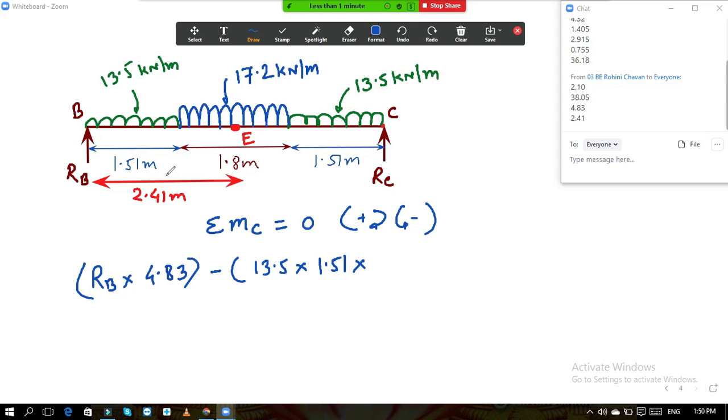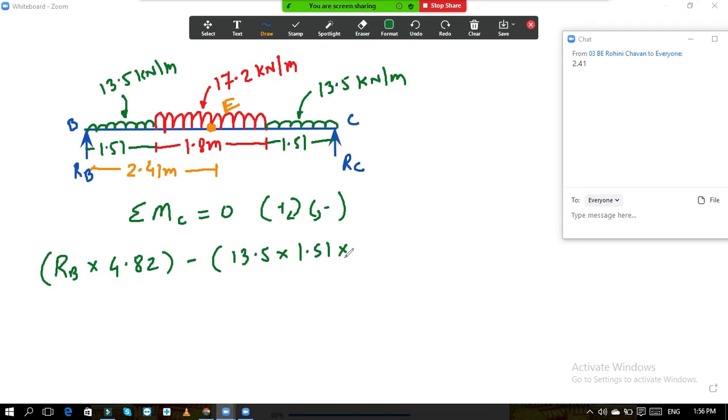The distance will be 1.51 by 2 plus 1.8 plus 1.51. So what is the distance? 1.51 by 2 plus 1.8 plus 1.31. So it comes to about 4.06.